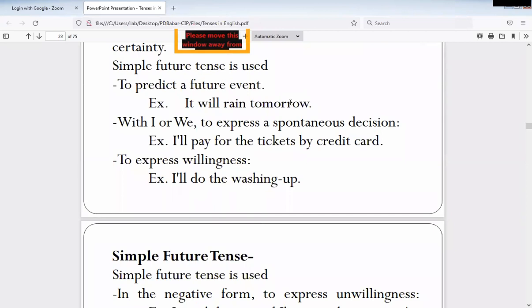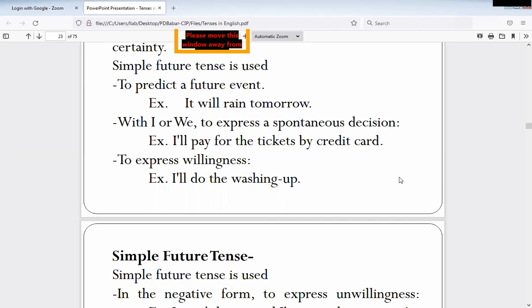Okay, this person has decided it while coming to college in the car. I will pay for the tickets by credit card. Then for expressing willingness, we have used I will do the washing up, or I will do the dishes today, or I will do the breakfast, I will do the dinner.